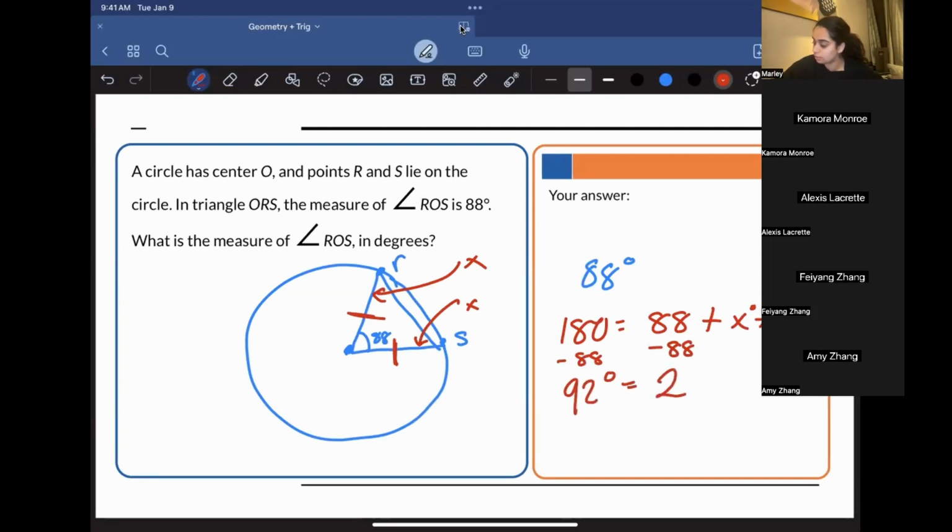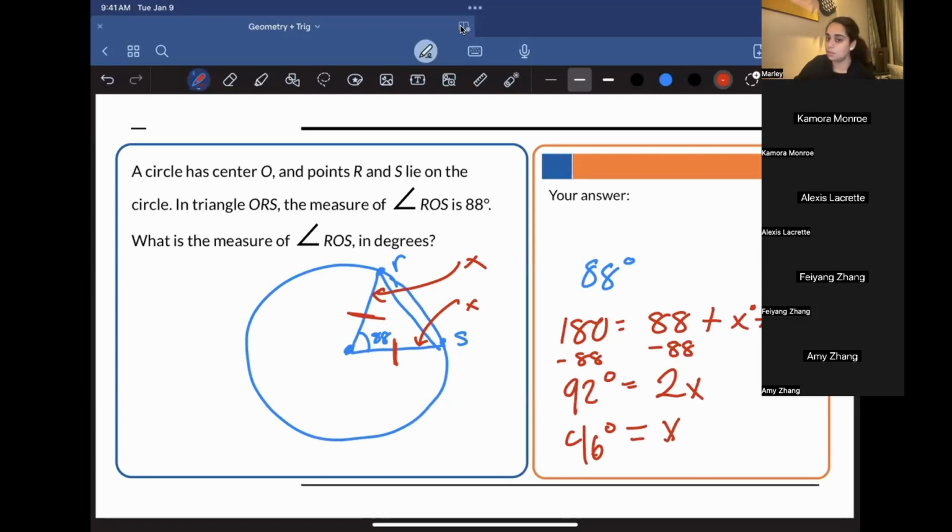And that's 2x, so x equals 46 degrees for those ones. But yeah, this question asks for ROS, which is the same as that.